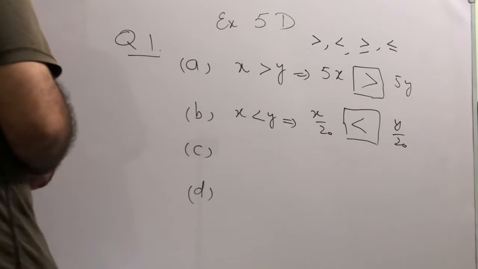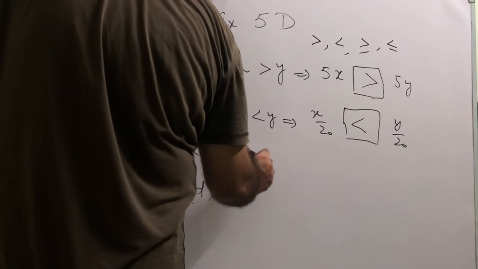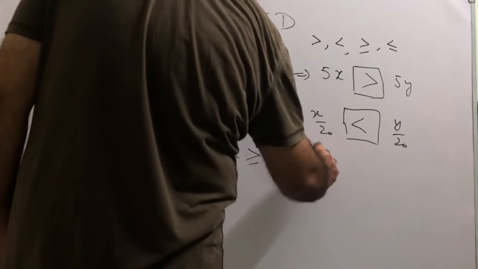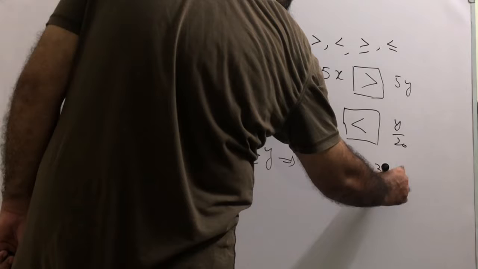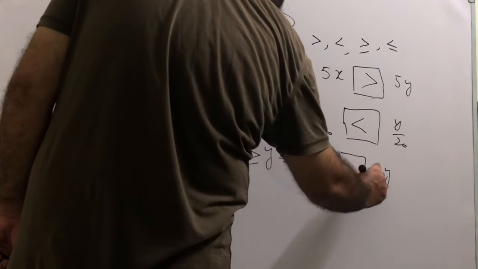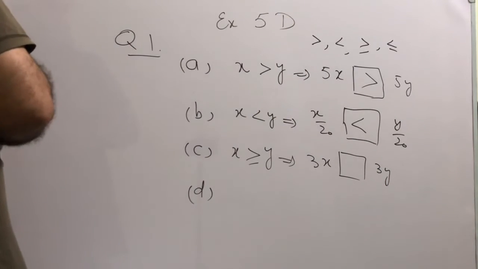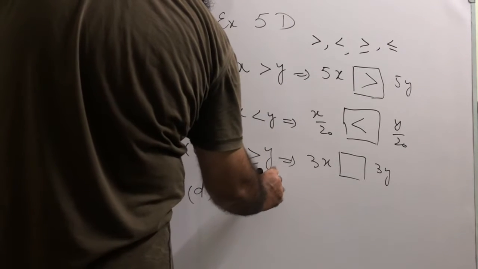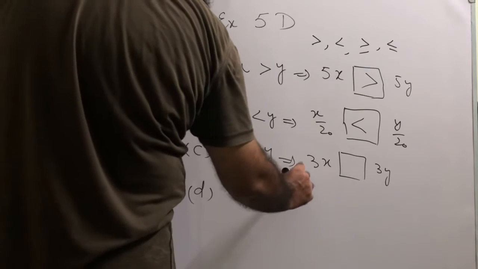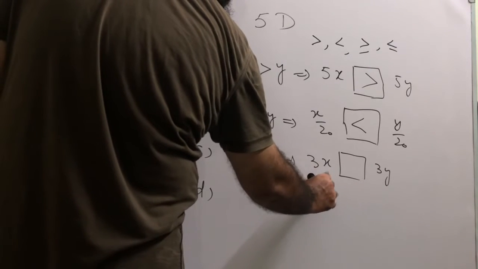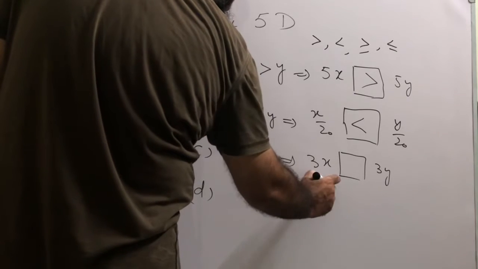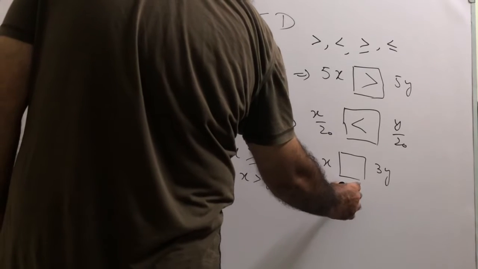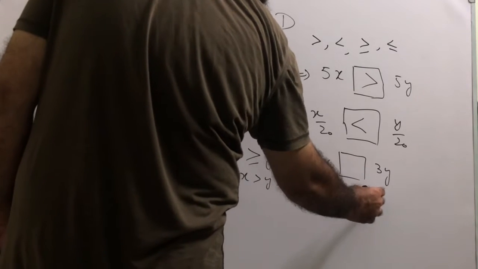Part C says if x is greater or equal to y, then 3x and 3y, we need to put the appropriate symbol. So here if we say x is greater than y, and let's suppose x is 10 and y is 5, if we multiply both sides by 3, we get 30 is greater than 15, so still the greater sign.